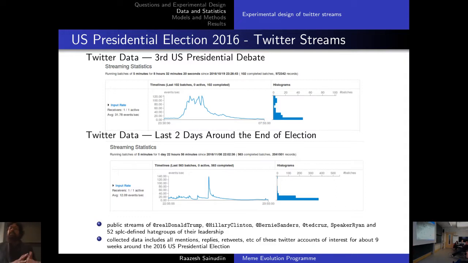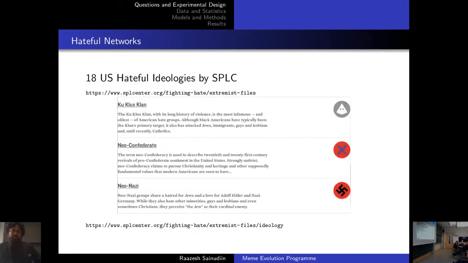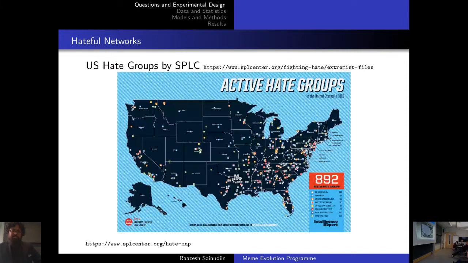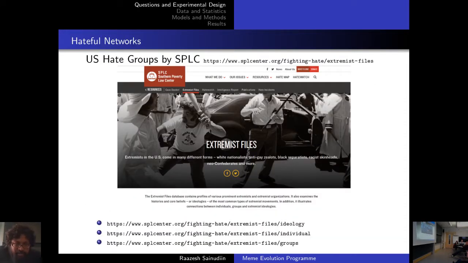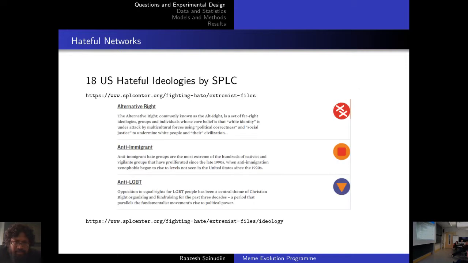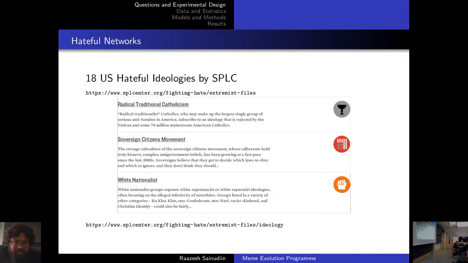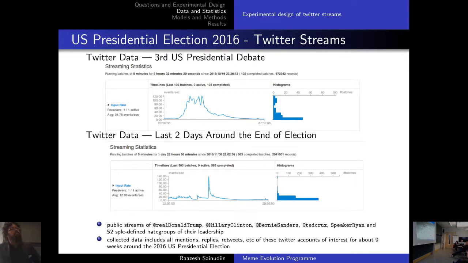So I'm not really that interested in their definition of what a hate group is, right? These are all debatable issues. I think they basically say a hate group is one that maligns an entire group of people based on their immutable characteristics.